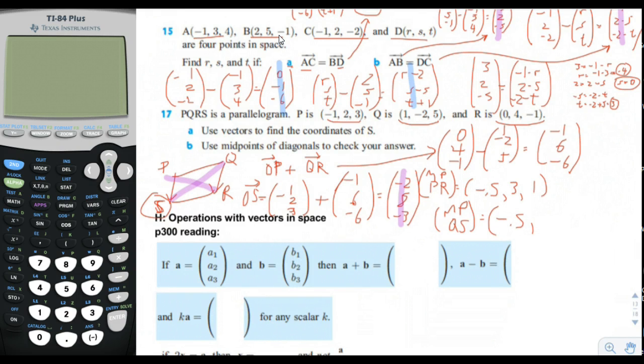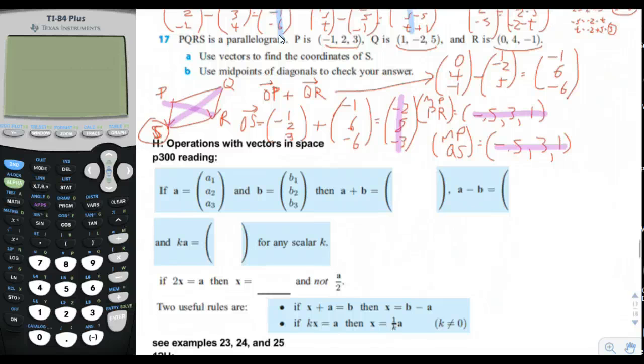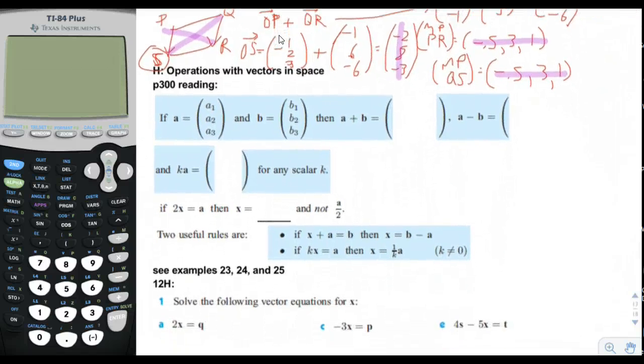Halfway between -2 and 8 would be 3. And halfway between 5 and -3 would be 1. So it matches. Great, it worked. The midpoints on those two diagonals are the same, so we're fine.